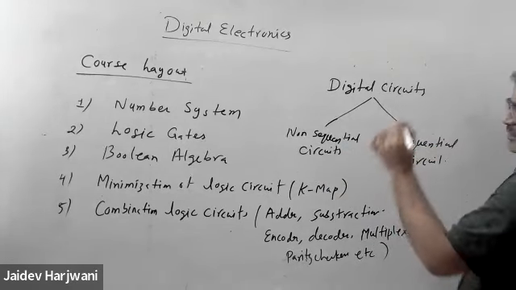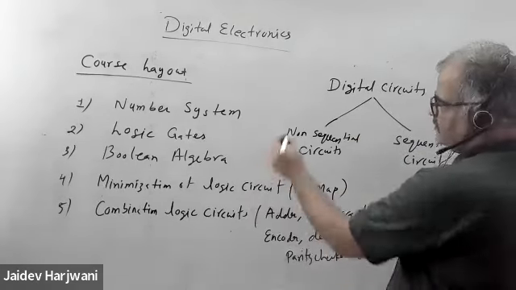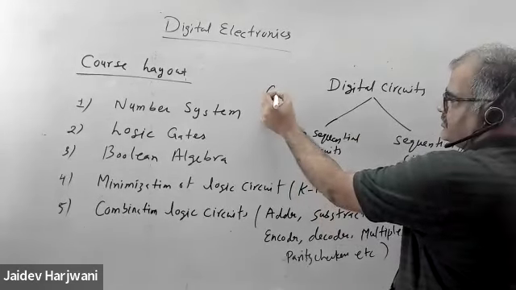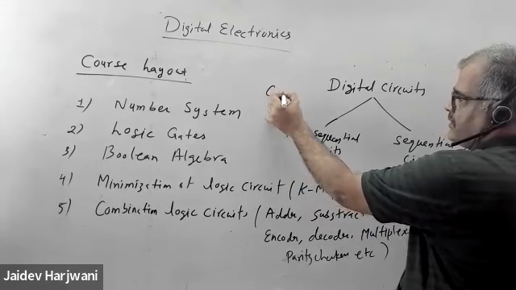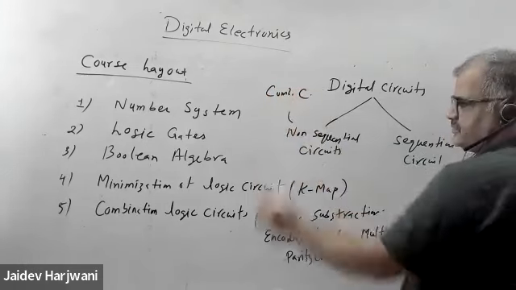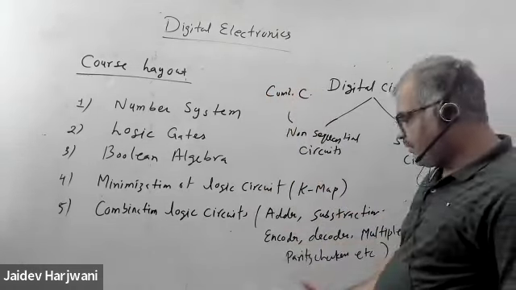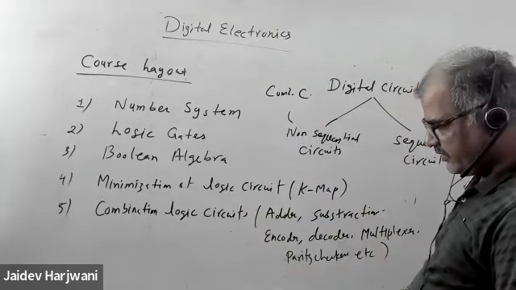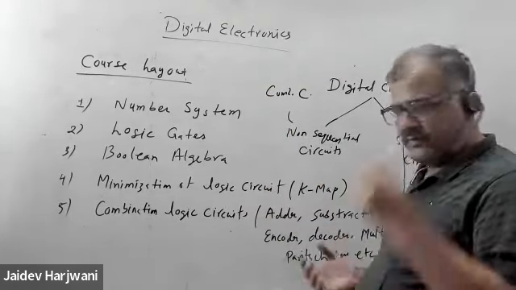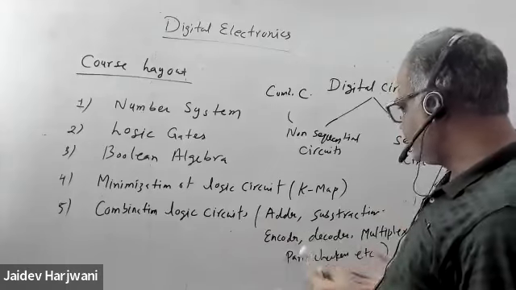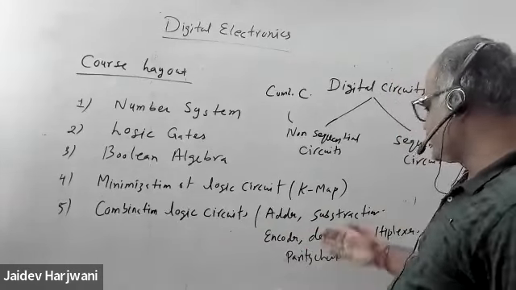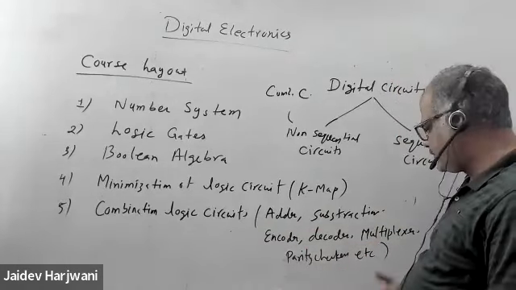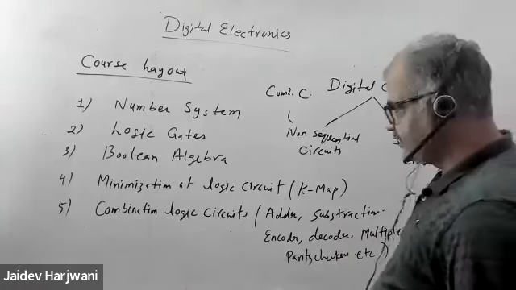Combinational circuits do not have a memory element. So we can design many circuits with this, like half adder, full adder, half subtraction, full subtraction, encoder, decoder, multiplexer, parity checker.